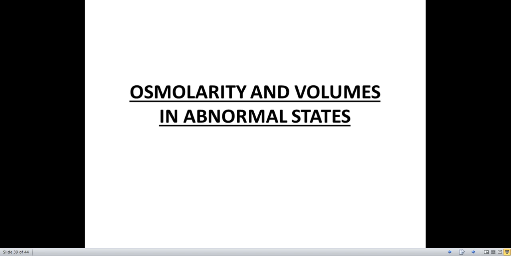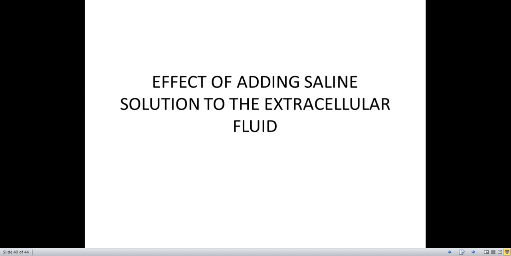It is therefore important to study what changes can occur in extracellular fluid and intracellular fluid compartments if fluids are added or removed from them. To understand this, let's study the effect of adding saline solution, that is a 0.9% sodium chloride solution, to the extracellular fluid.